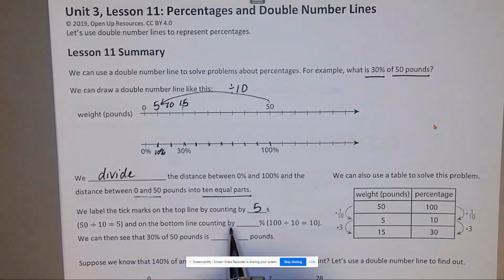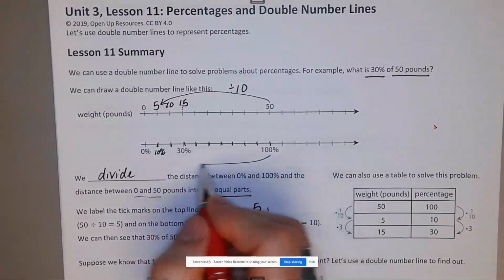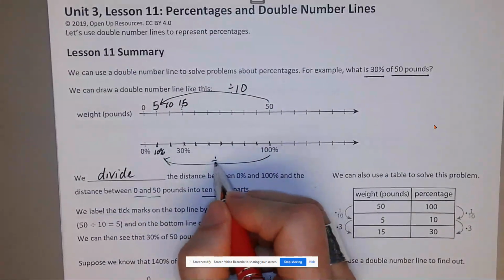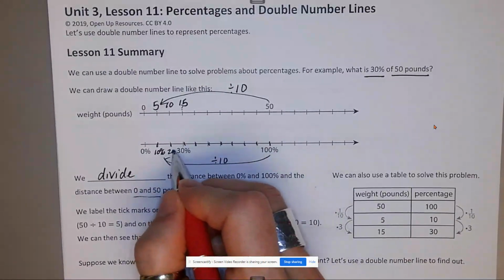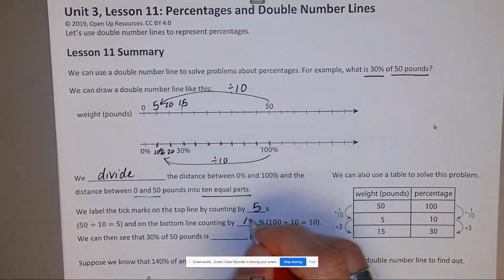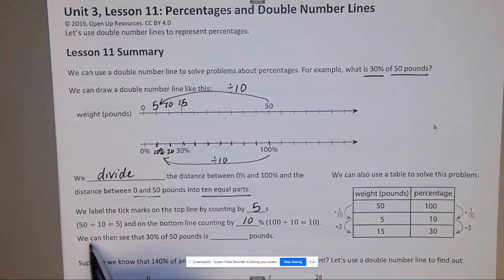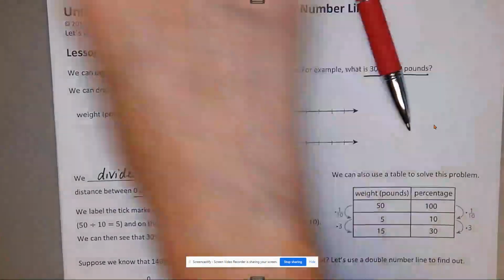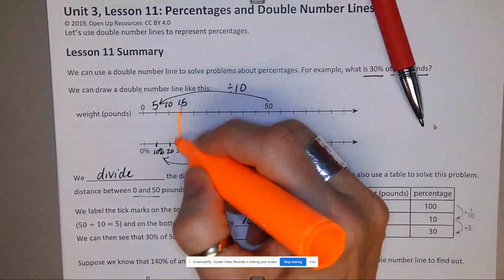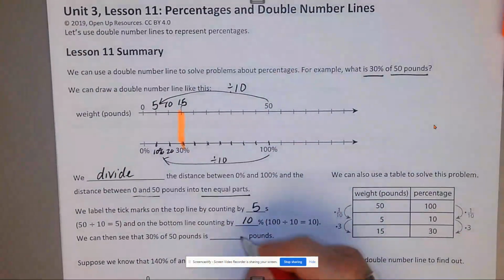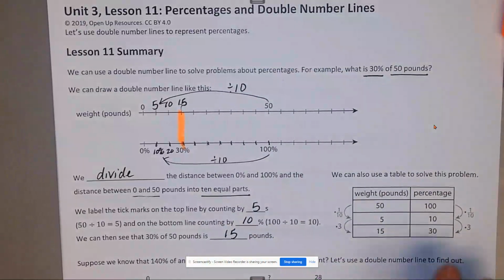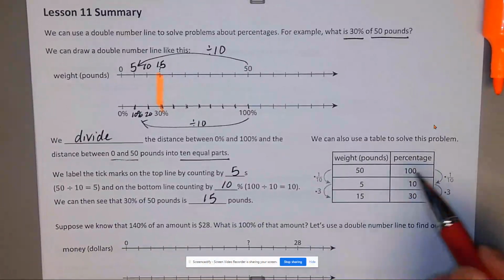And the bottom by counting by 10s, because 100 divided by 10, 10, 20, 30, etc. Counting by 10%. We can then see that 30% of 50 pounds is 15 pounds.